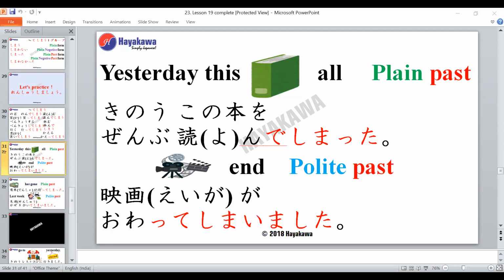Eiga owatte shimaimashita. Very good. Close enough, Siddharth. So it's eiga ga owatte shimaimashita. So any doubts regarding these two sentences? No sensei.